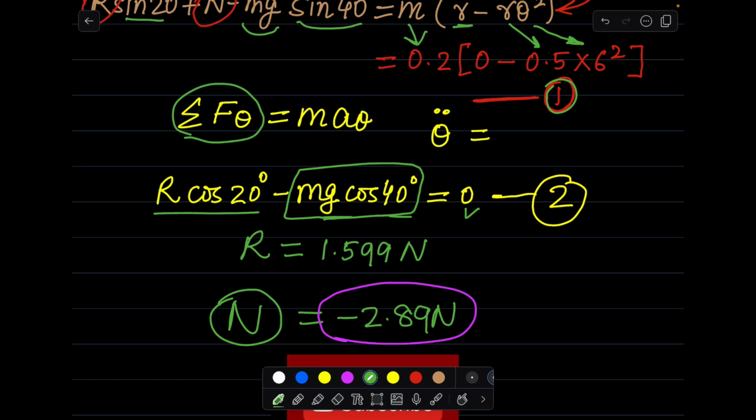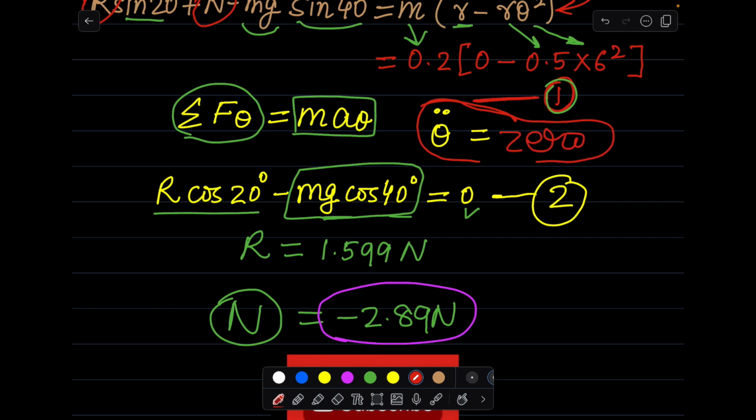Let's go back and check. We wrote F theta is equal to m a theta. Now we see here that the acceleration, as per the problem, theta double dot is 0 because it's moving with a constant velocity. So this acceleration is going to be 0. That's why we wrote that m a theta is 0.